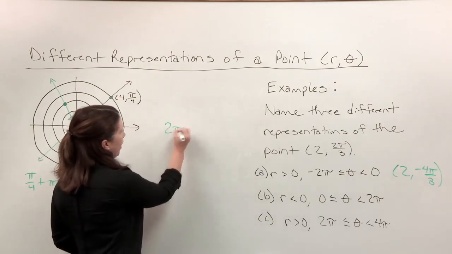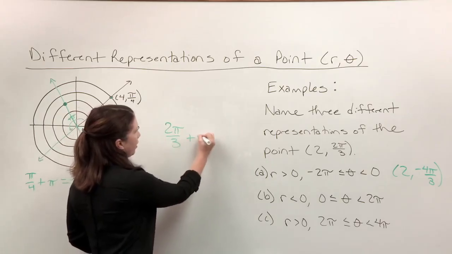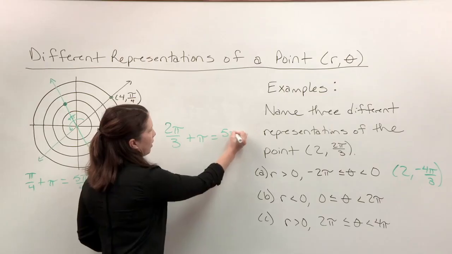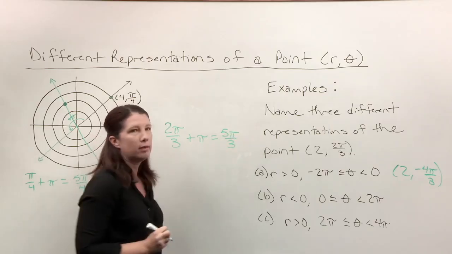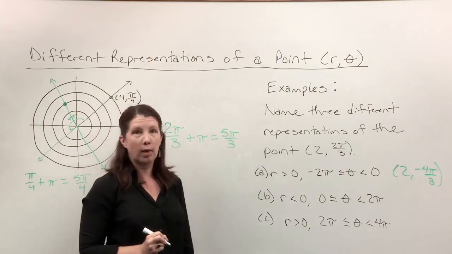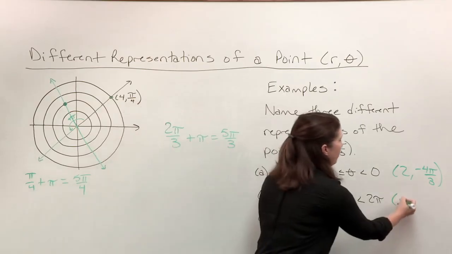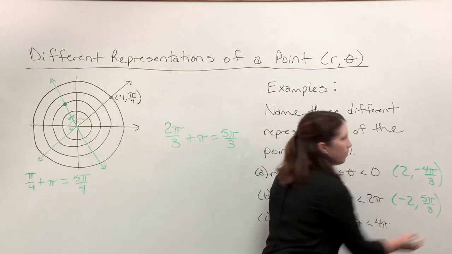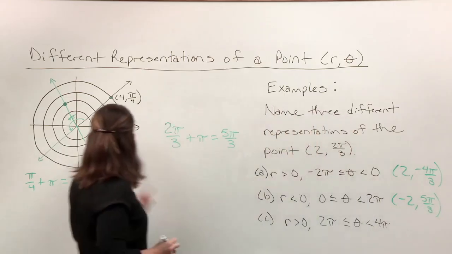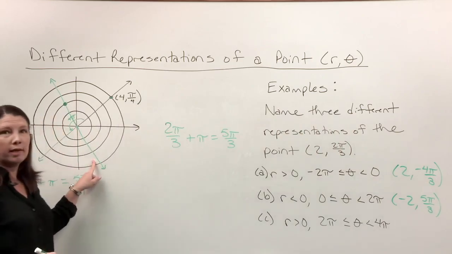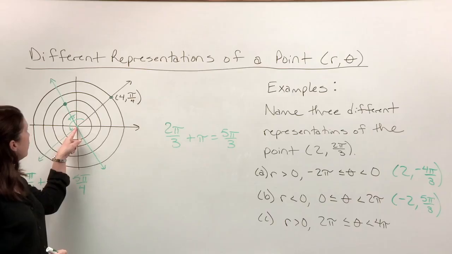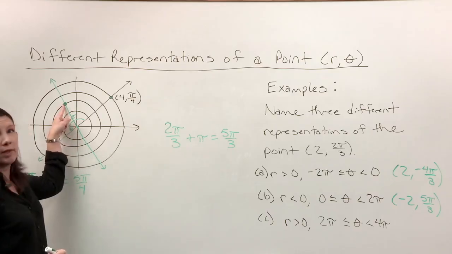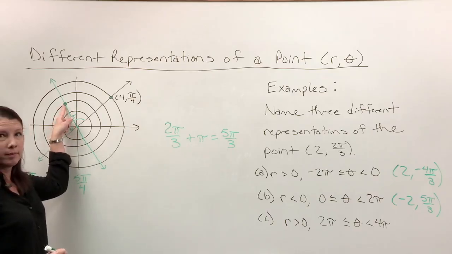So if I take 2 pi over 3 and add pi, I get the angle 5 pi over 3. So I can represent this point as -2, 5 pi over 3. My angle 5 pi over 3 is here. A value of -2 would move 2 units in the opposite direction.